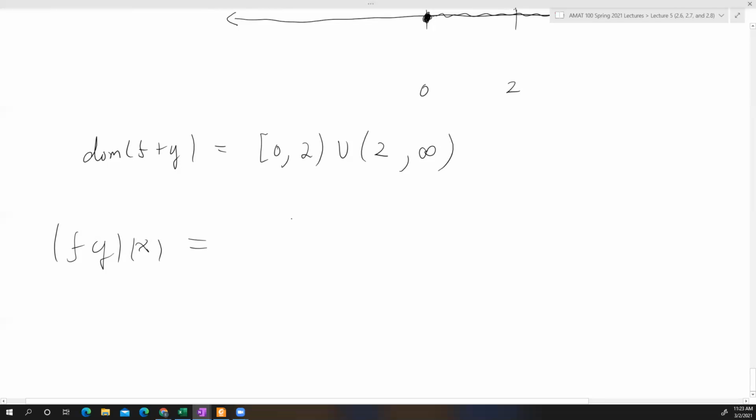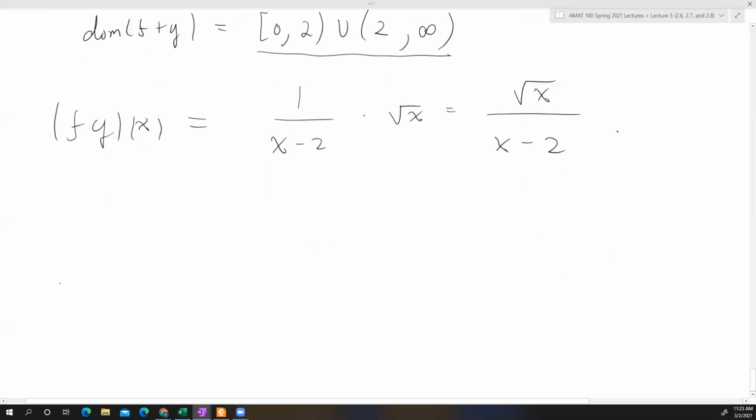So the product of these two functions is as follows, and you can just multiply numerator by numerator and denominator by denominator to get that. And the domain of that will be this also. So that's the product of two functions. I won't write down the subtraction because that's even more trivial.